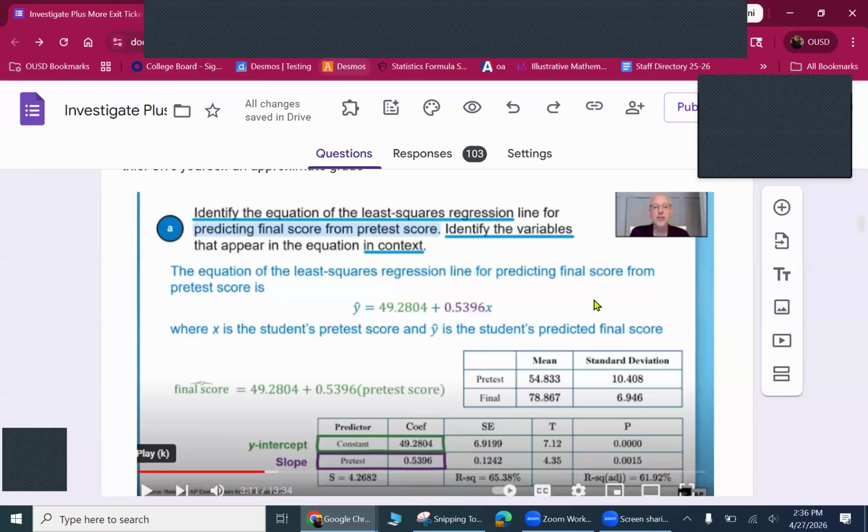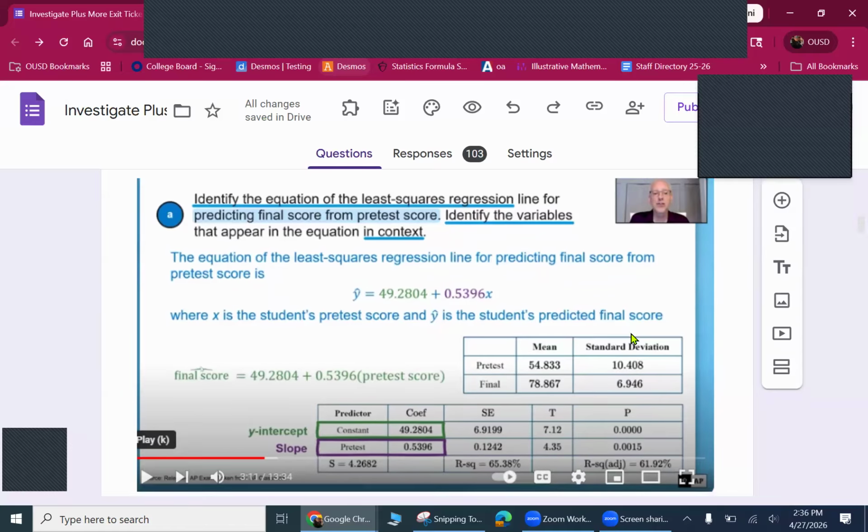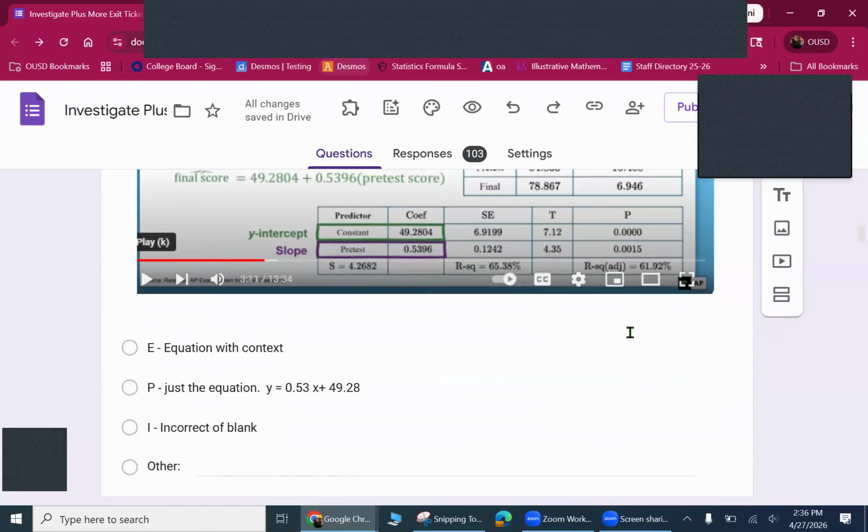The 0.5396, we should say at some point, is the slope, and 49.28 is the y-intercept for post-test scores based on pre-test scores. I think that would do it. Let me see if I'm missing anything. You probably need to mention predicted final scores.